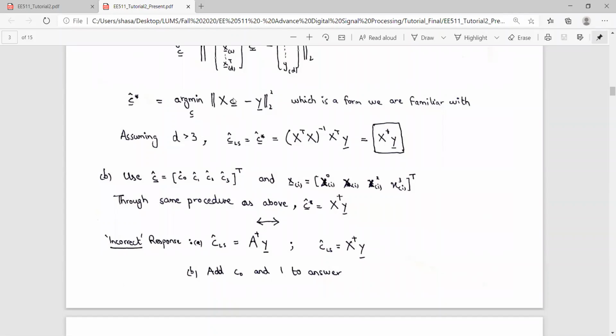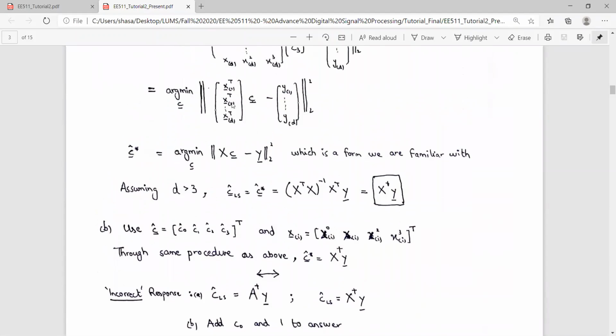This is just a variable, so I can say that my matrix A is equivalent to this, and my vector C is equivalent to this term, and this is Y, and the resulting solution would be that C hat least squares is equal to A pseudo inverse of Y. But this is without any definition of what your A is, or what your Y is, or even what your matrix C is. This is a vector, so there should be a bar underneath here. So just writing this expression down is not sufficient.